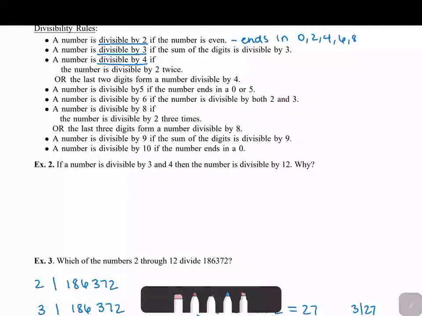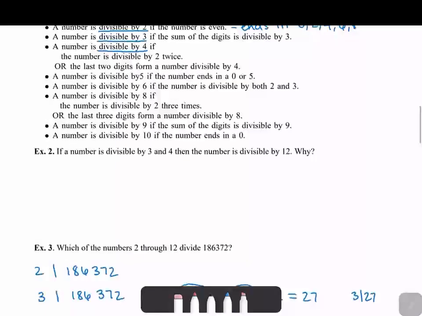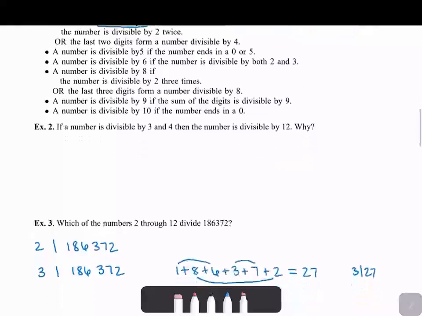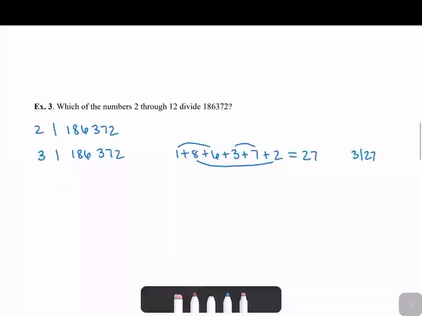This is the test that's going to be a lot more useful, because although we know that this number is even, it's hard to see if it's divisible by 2 again without just dividing it by 2. So the second test is going to be a lot more helpful, in my opinion.